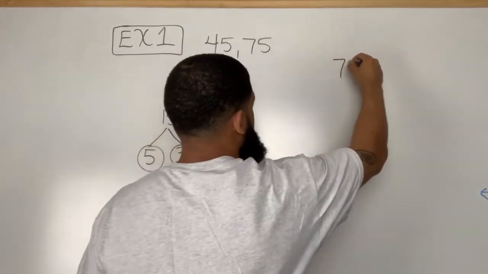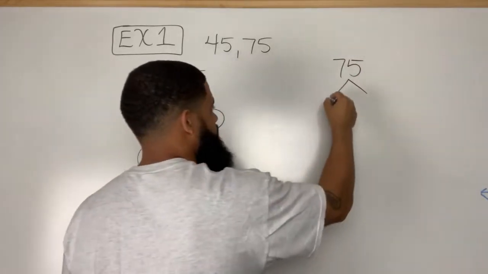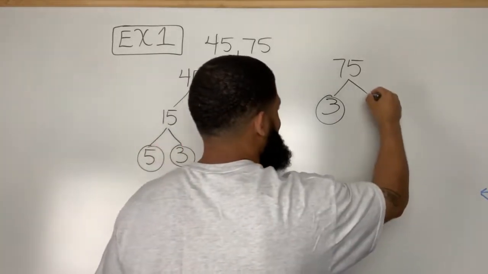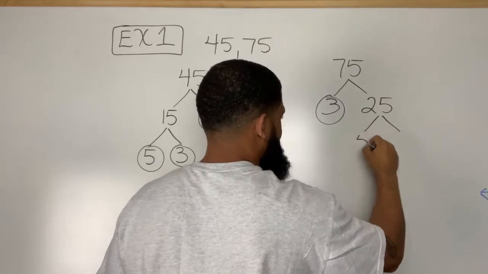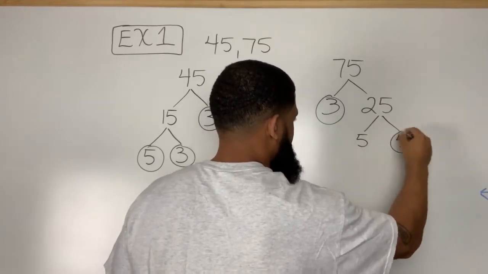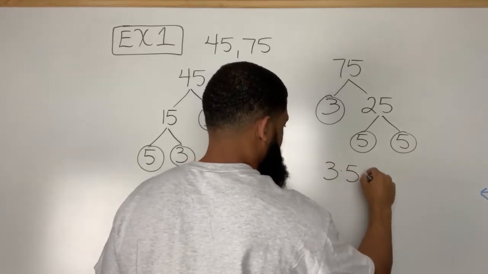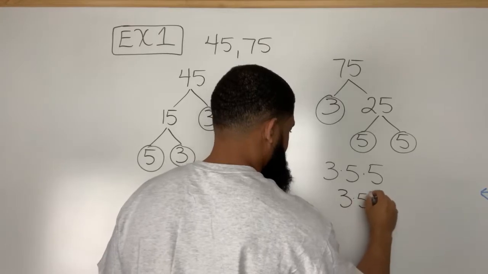When I have the number 75, let's do 3 times 25. And then here I have 5 times 5. Those are both prime. So now I have 3 times 5 times 5, or 3 times 5 to the second power.